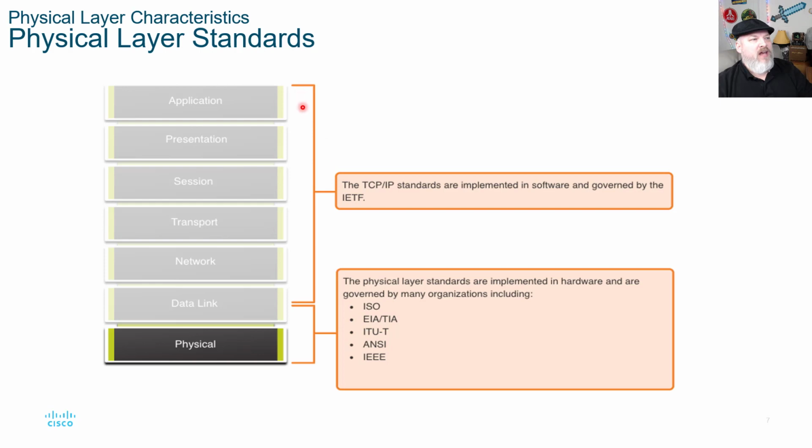For layers 7 through 2, the TCP/IP standards are implemented in software and governed by the IETF. In the physical layer, they're implemented in hardware and are governed by a lot of different organizations: ISO, EIA, TIA, ANSI, IEEE. And if you remember back to some of the previous modules, I encouraged you to research some of those organizations. Hopefully you have by now and have seen what they are responsible for.